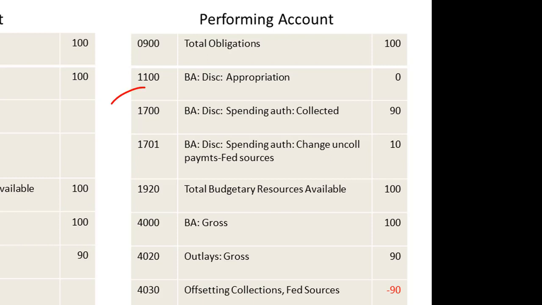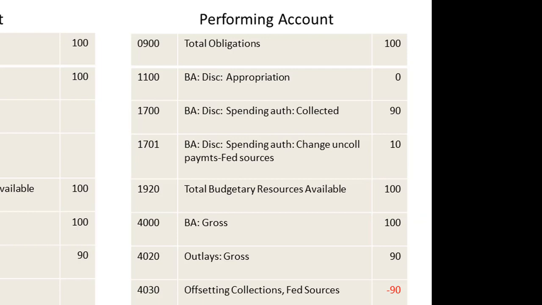We see this authority on lines 1700 and 1701. $90 is reflected on line 1700 as spending authority from offsetting collections that has been collected, and $10 is reflected on line 1701 as spending authority from offsetting collections that has been earned but not yet collected. Total budgetary resources equal $100, just like the paying account.